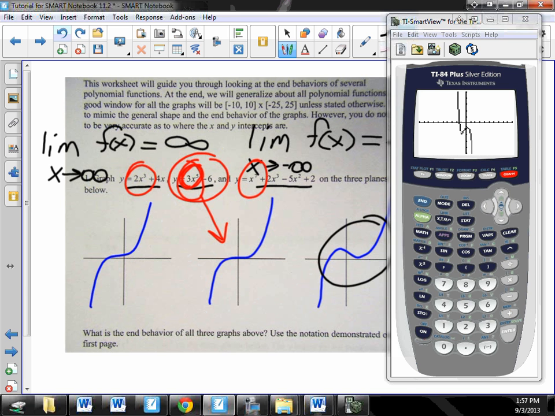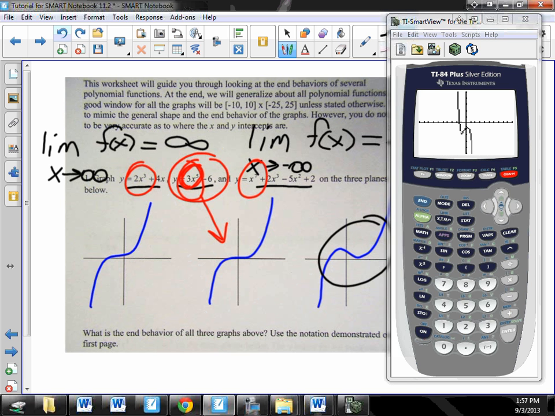They're all odds. When you're dealing with an odd degree polynomial, meaning the biggest exponent is odd, your end behaviors are going to be opposite from each other. If it's an x to the ninth, one side will go up and one side will go down, or the other way around.